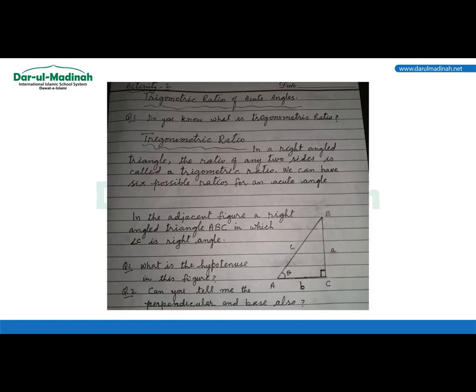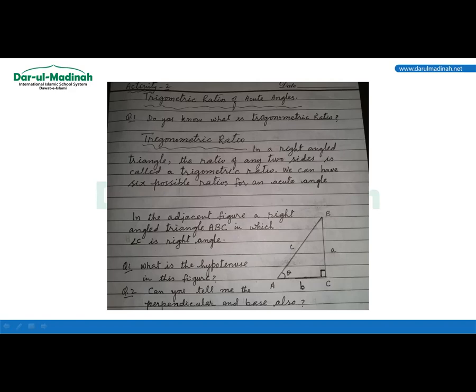Now our topic is trigonometric ratios of acute angles. Do you know what trigonometric ratios are? In a right angle triangle, the ratio of any two sides is called trigonometric ratios.